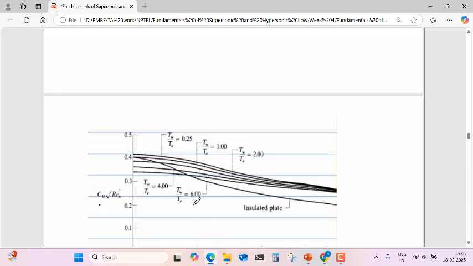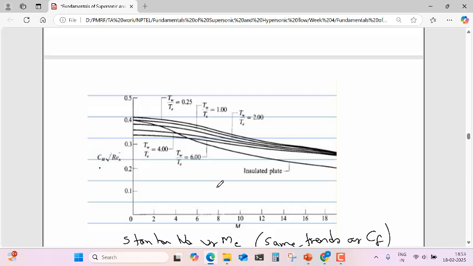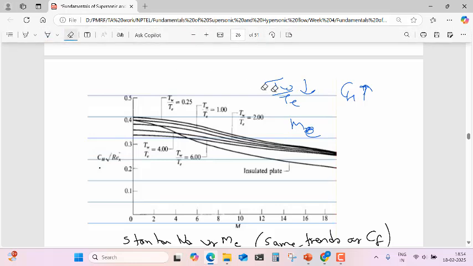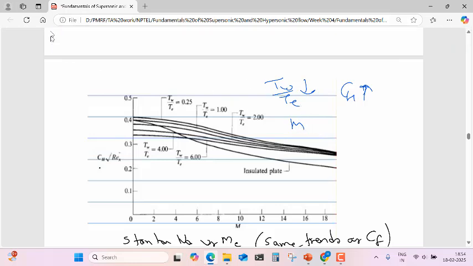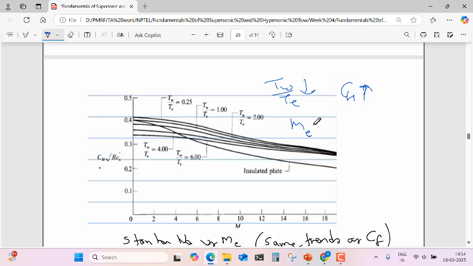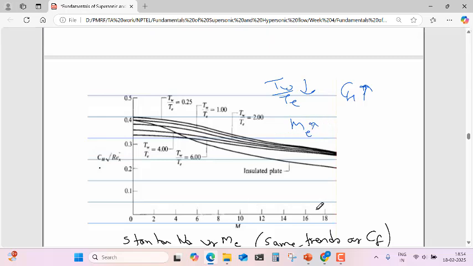When wall is cooled, it means Tw by Te is decreasing, then Ch value is also increasing. And when Me is increasing, Ch is decreasing.